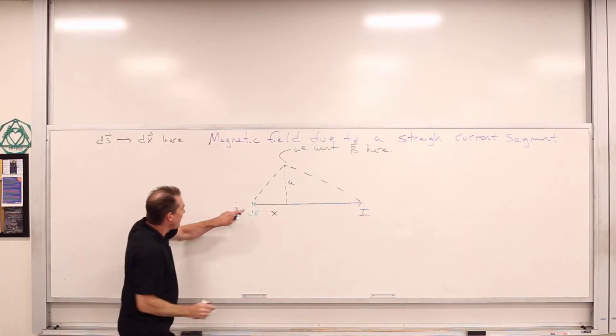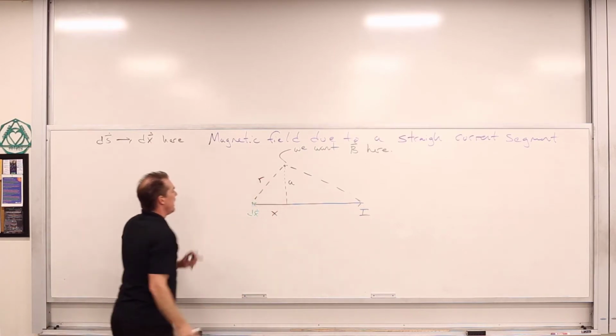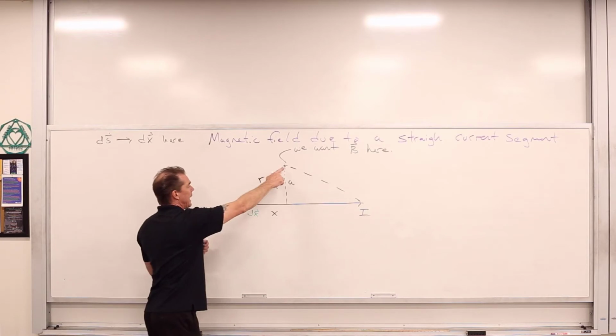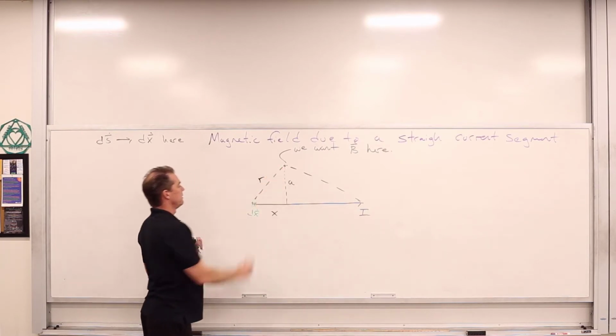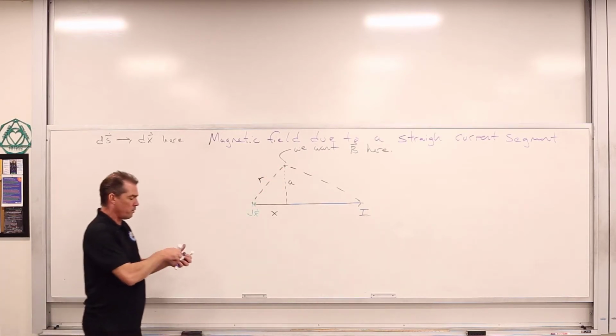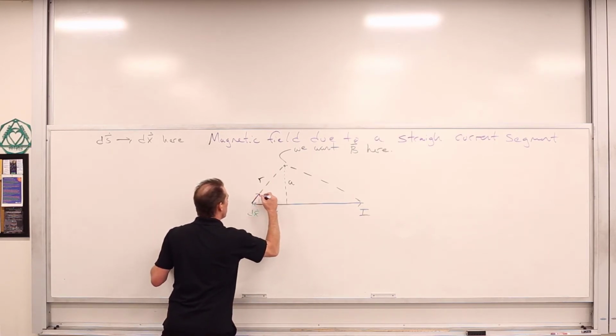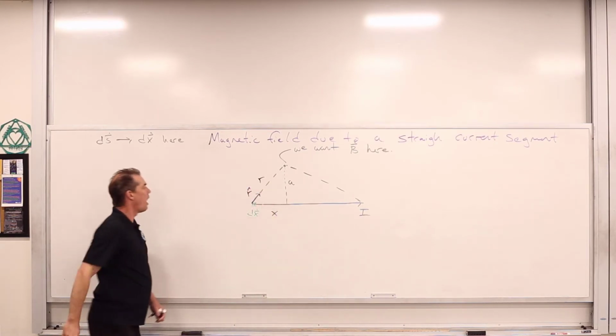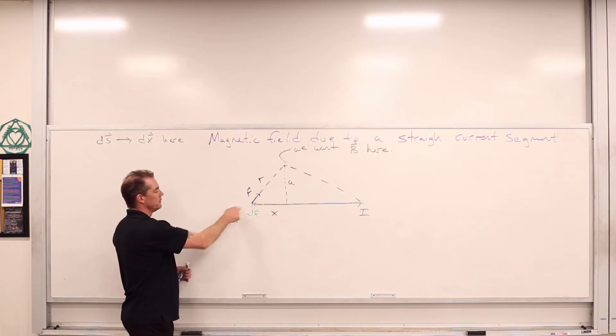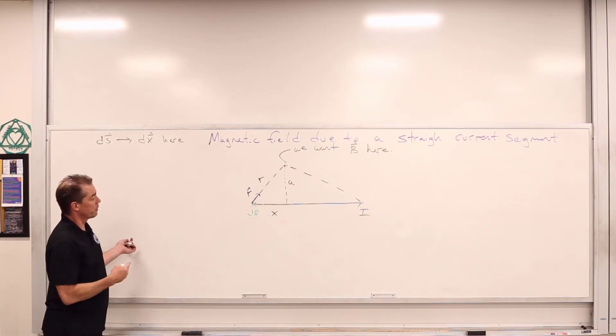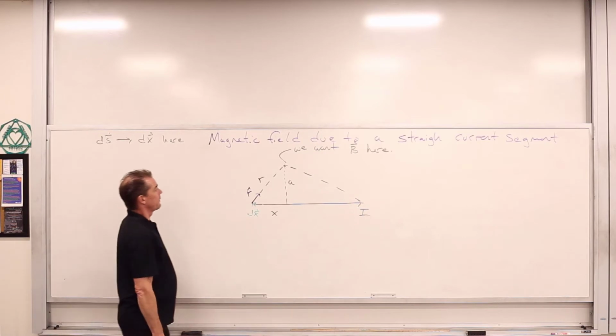Well, we've got that little element there is some distance r away from this. And furthermore, we've also got a nice little r hat regarding that element in terms of its contribution to the magnetic field.